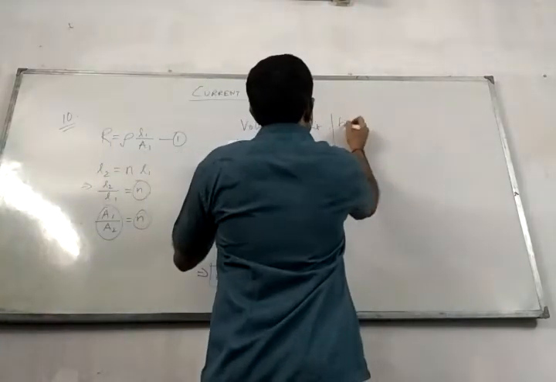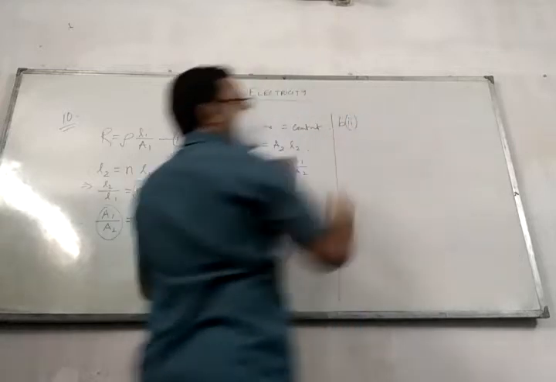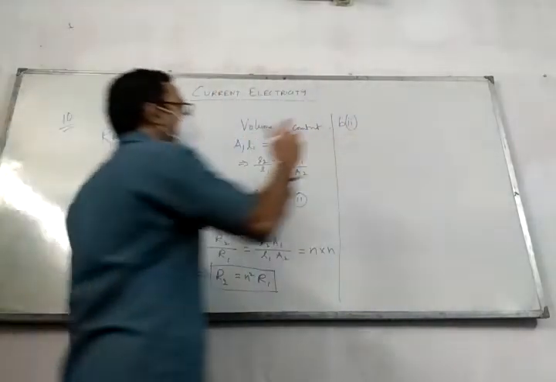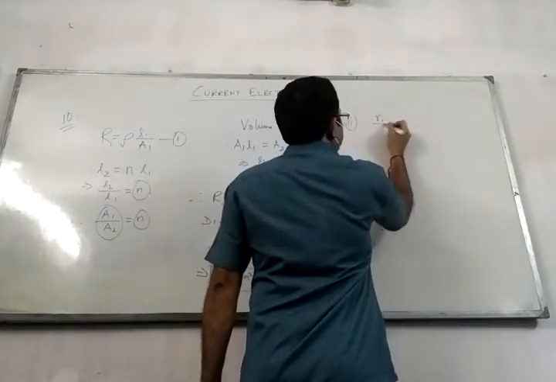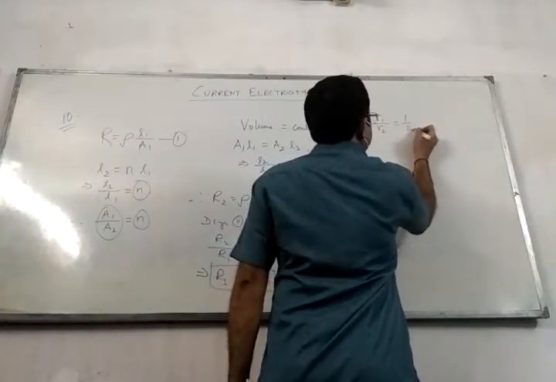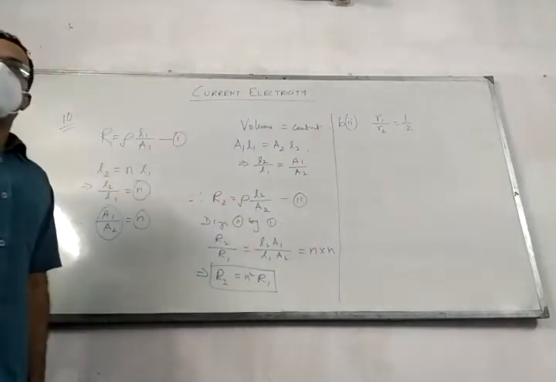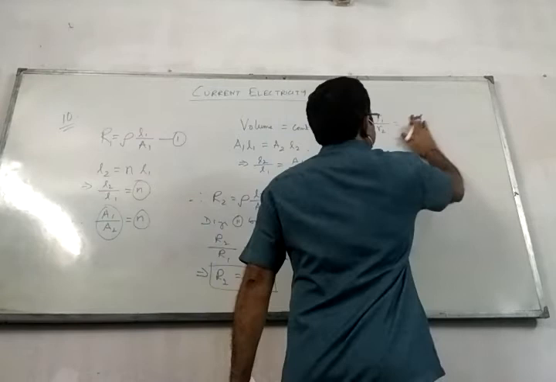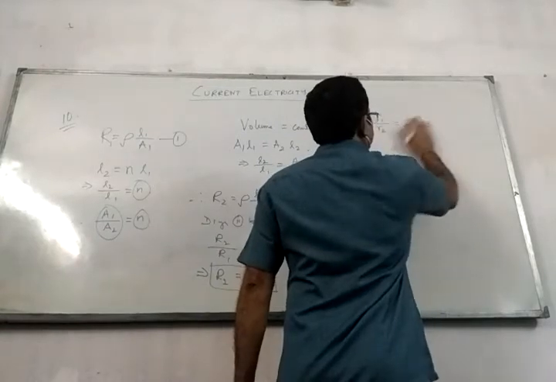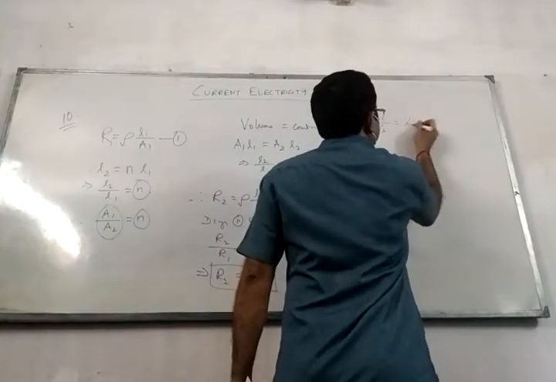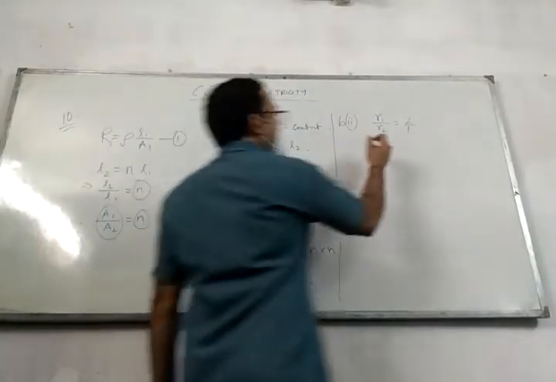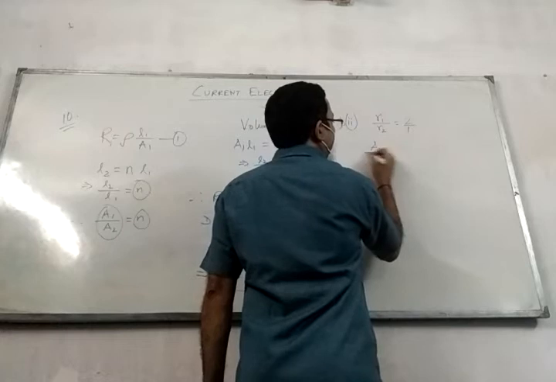B part. কি বলেছে, radius is half মানে হচ্ছে r1 by r2 is equal to 1 by 2, ঠিক বলেছি আমি? না ভুল বললাম, এটা radius ডাবল হয়ে গেছে। r1 by r2 equal to 2 by 1, ঠিক আছে। তাহলে এরিয়া অফ ক্রস সেকশন তো আমরা কি করে কনসিডার করি?